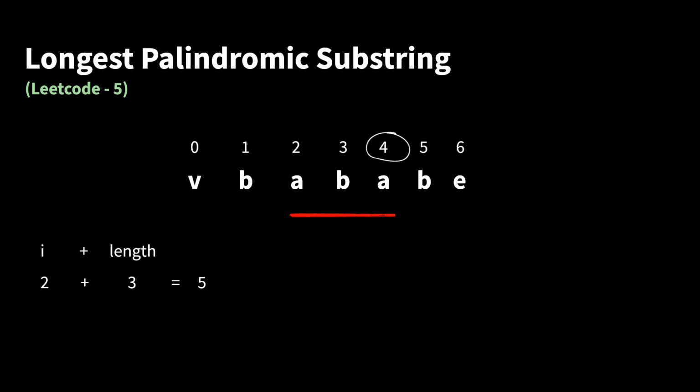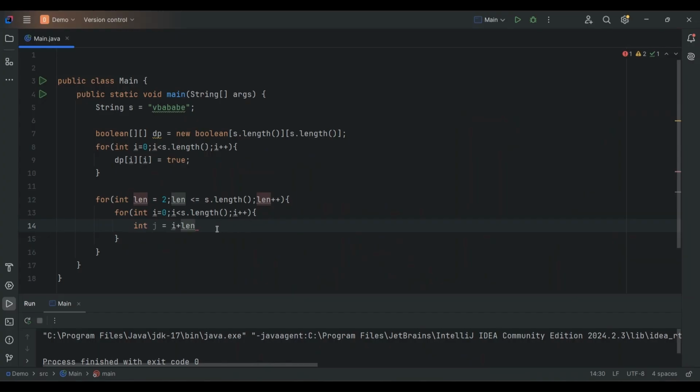So for every case my ending index is going to be minus 1 to the total of i plus length. So we are going to calculate this via i plus length minus 1. I hope this part is clear to you.